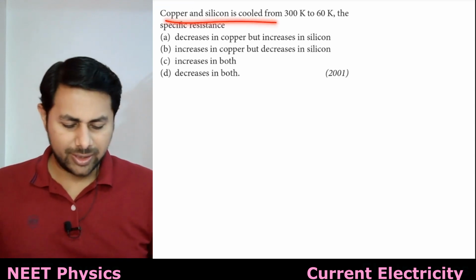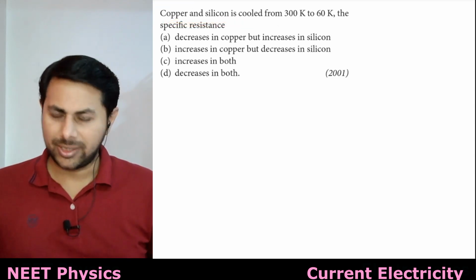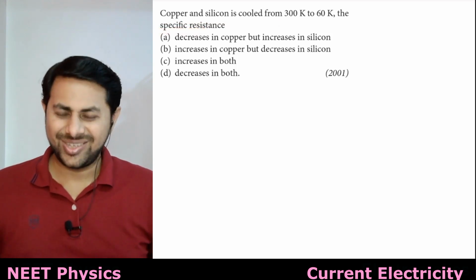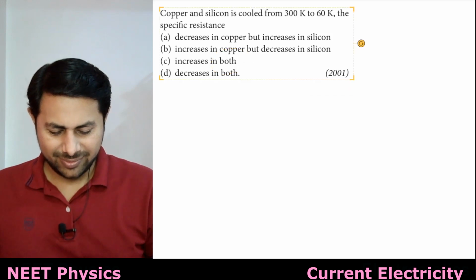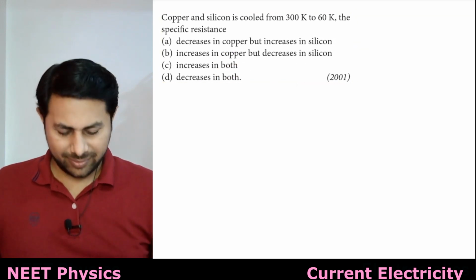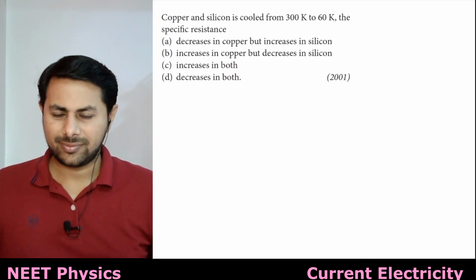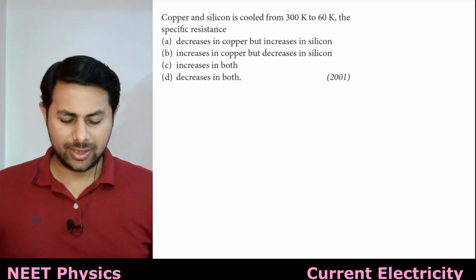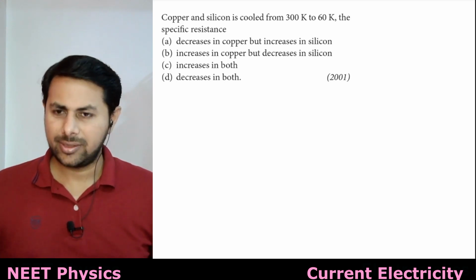Copper and silicon are cooled from 300 Kelvin to 60 Kelvin. The specific resistance, tell me. This is very simple. Copper is a conductor, silicon is a semiconductor.